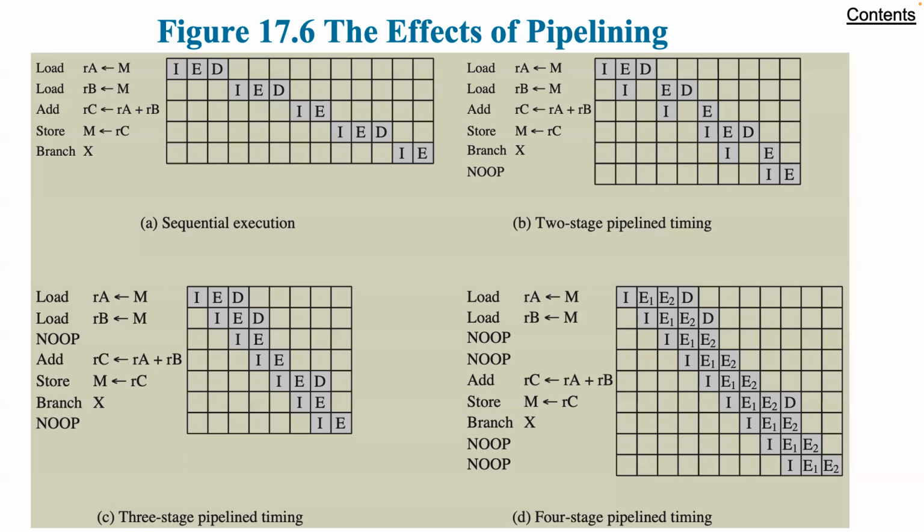Thus, we see that the instruction fetch stage of the second instruction can be performed in parallel with the first part of the execute/memory stage. However, the execute/memory stage of the second instruction must be delayed until the first instruction clears the second stage of the pipeline.